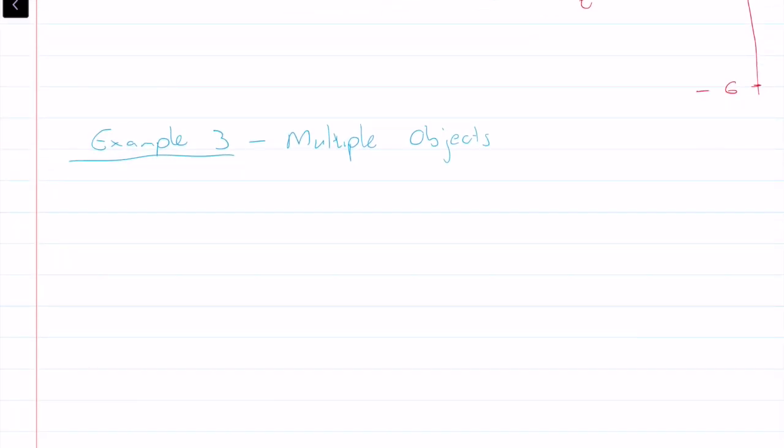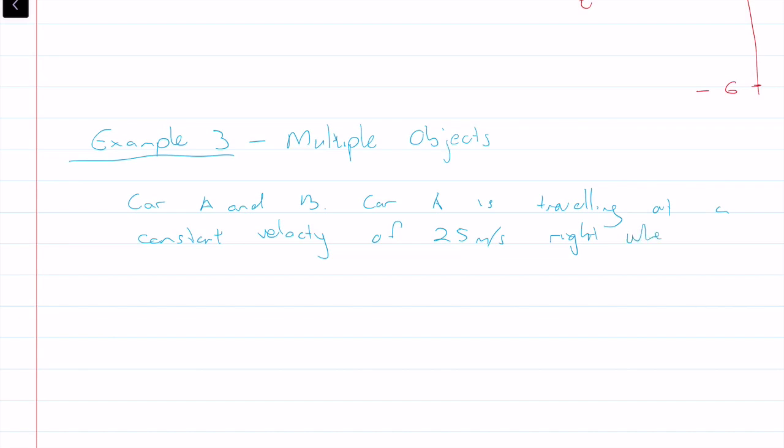Let's say we have 2 cars, car A and B. Car A is traveling at a constant velocity of 25 meters per second, let's say, when it passes car B, which is stationary.